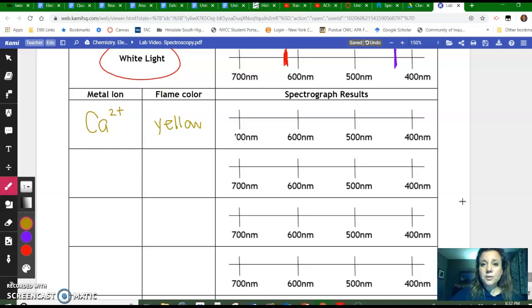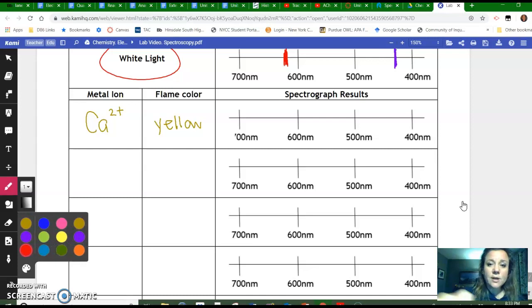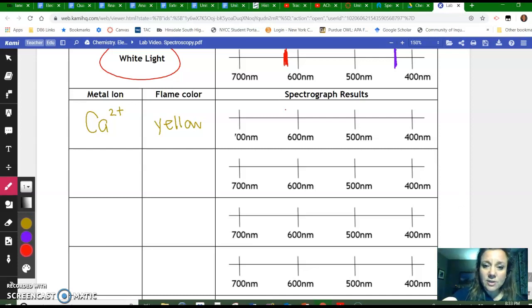Now, I don't want you to just draw a line for yellow on your spectrograph results. You have to look through the spectroscope at the flame, and just like you do with the white light, you have to draw all of the colors that you see in the spectroscope. So if you see red with calcium, then you need to use your white light as a guide and draw a red line directly under it.